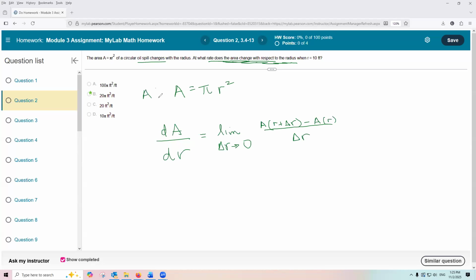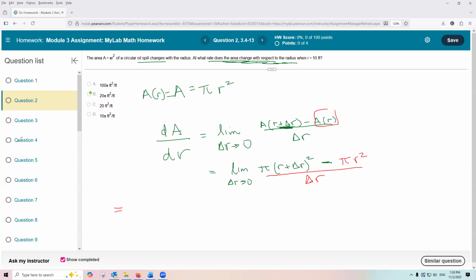Right, so I can write this with A of r, the area function. All right, let's plug in. So this is going to be the limit as delta r goes to 0, pi. Now I've got to plug this in for r. So it's going to be pi times r plus delta r squared minus, now we need just A of r back here. That's just pi r squared all over delta r.